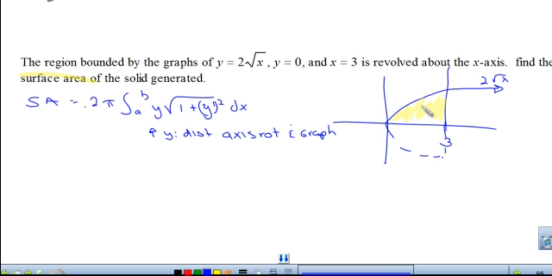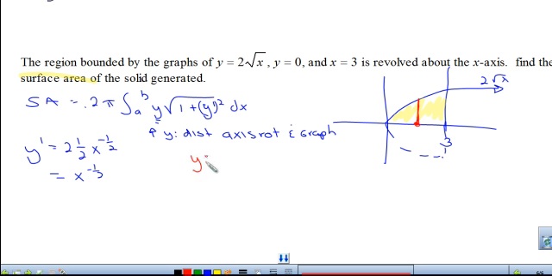So what we're going to do is find my derivative. So I get 2 times 1 half x to the negative 1 half, or just x to the negative 1 half. Then we need to find y. So y is the distance from the axis of rotation to your graph.